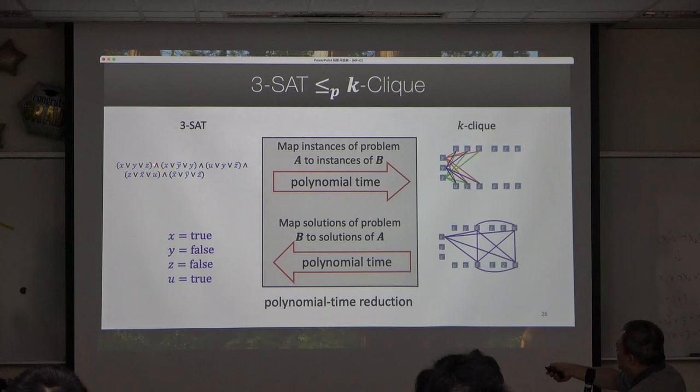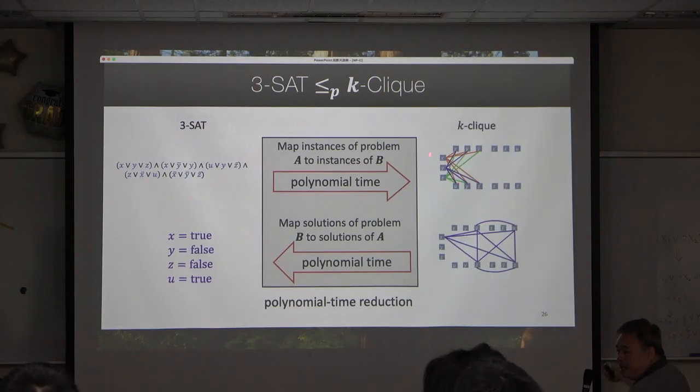Okay, so this mapping from here to this graph takes polynomial time, right? And then from this graph, if you are able to find the 5 clique, how to find the 5 clique? Doesn't matter. Okay, you don't need to provide an algorithm for this.